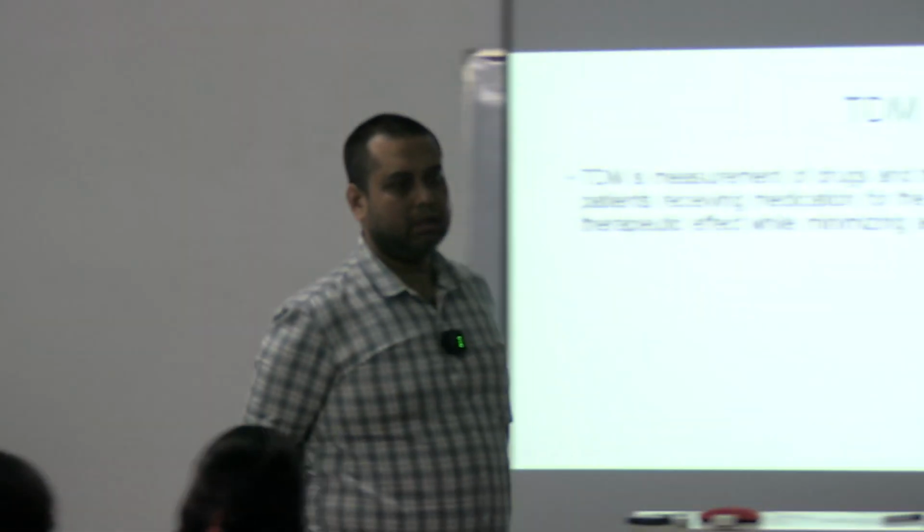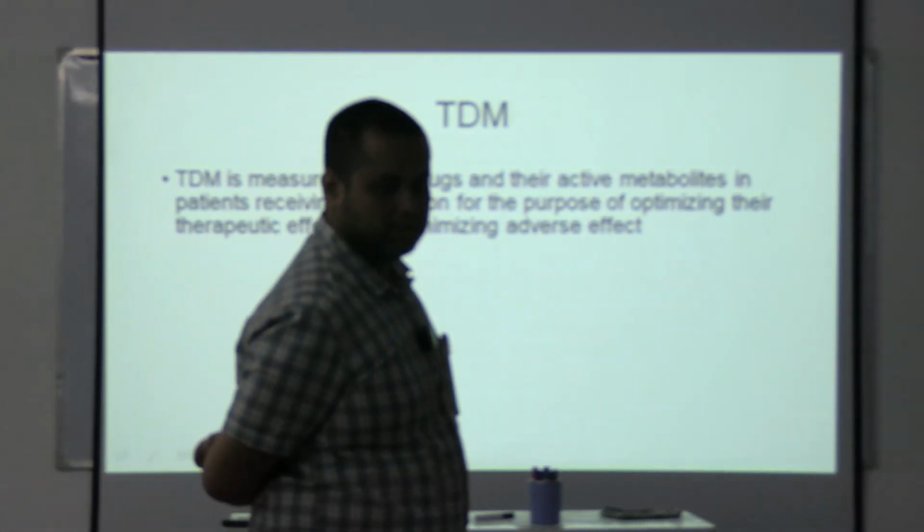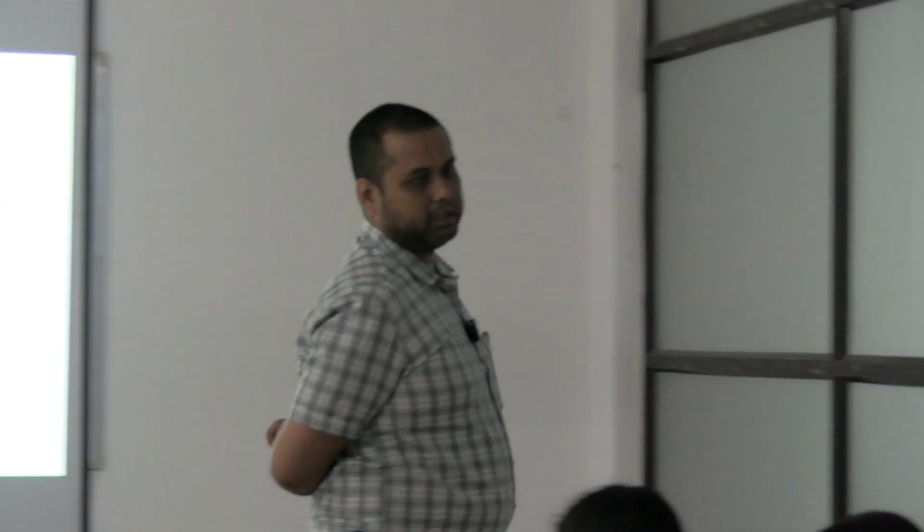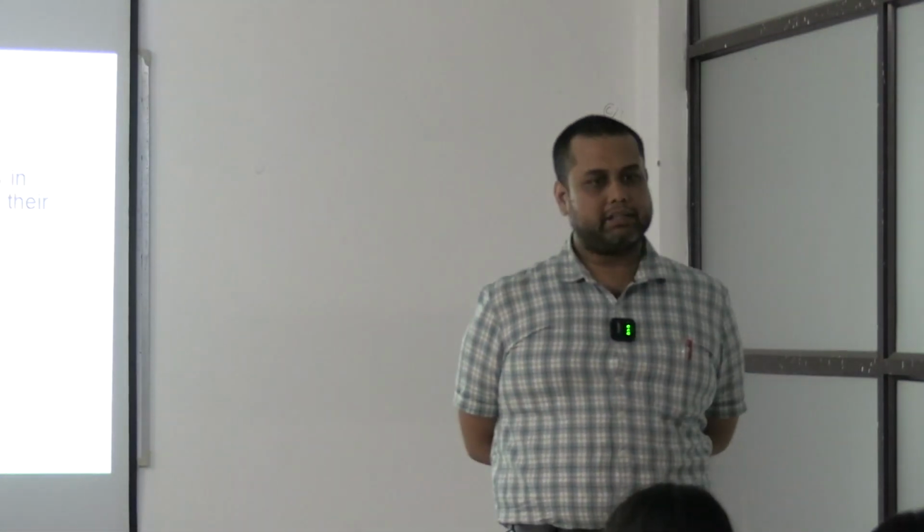Now from your knowledge of pharmacokinetics and pharmacodynamics, you are aware that the effect of the drug is produced by the concentration of the drug in its plasma. Better to say, at the site of action.